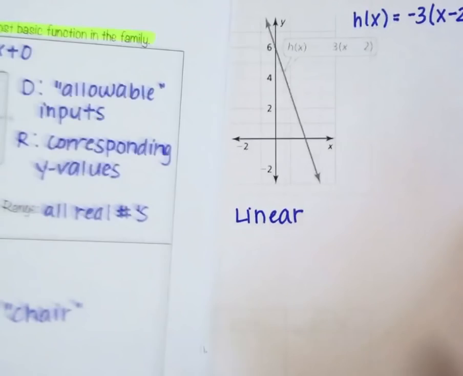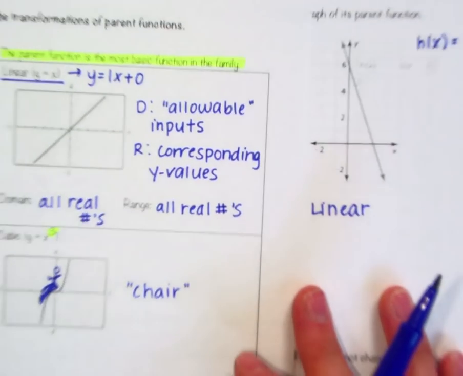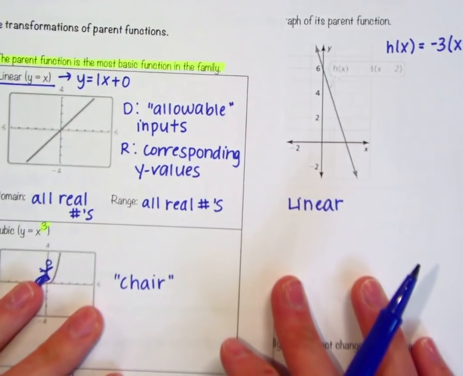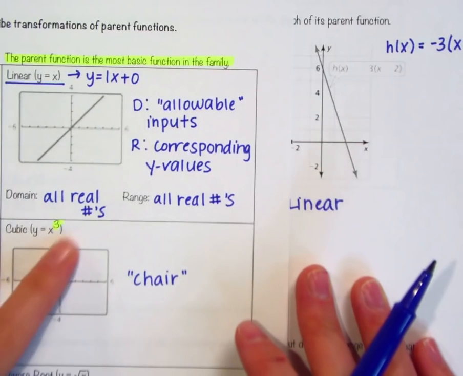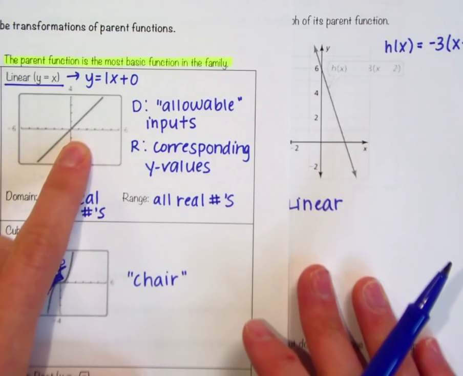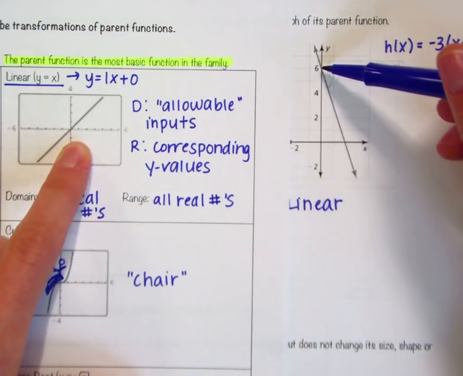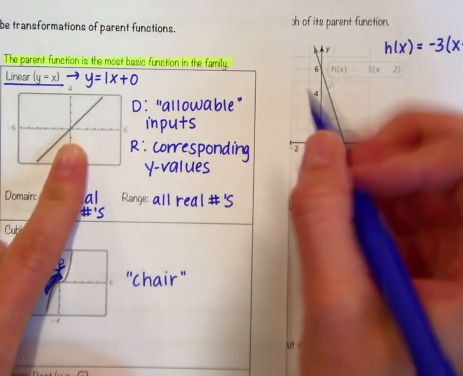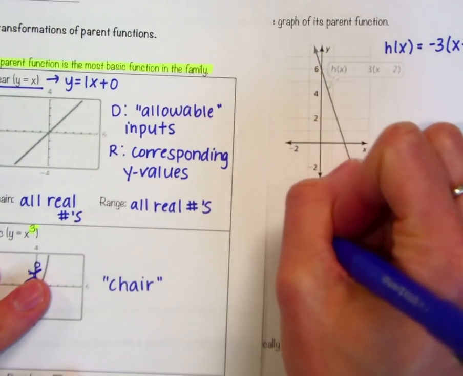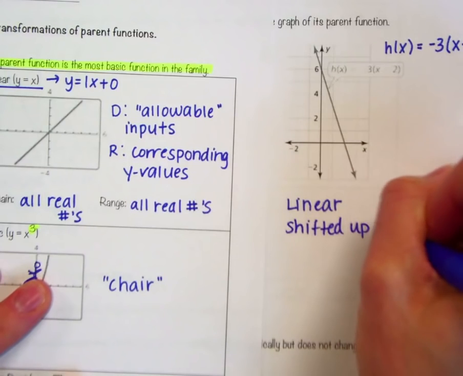So if we look again, let's compare it to our parent function in terms of both the equation and the look. So here it looks like this passes through the origin, 0, 0. That's where my y-intercept is. But here, my y-intercept is 6. So that means that we were shifted up 6.